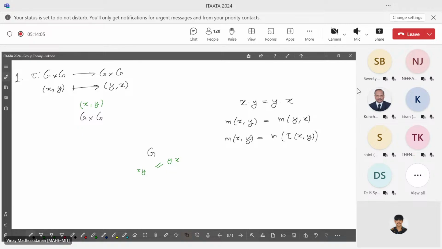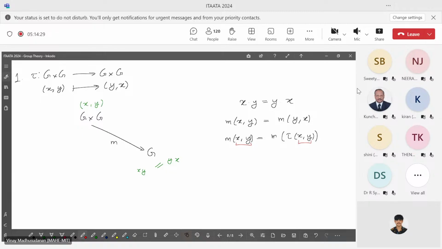So here one row is m, the other is m after tau. The starting point is the same. Observe that the starting point in both cases will be (x, y). That's when you know that you got it, because the starting point should be the same. The ending is of course the same because they're equal.